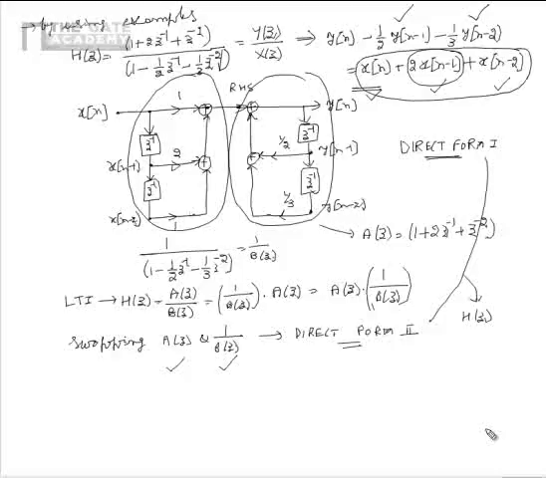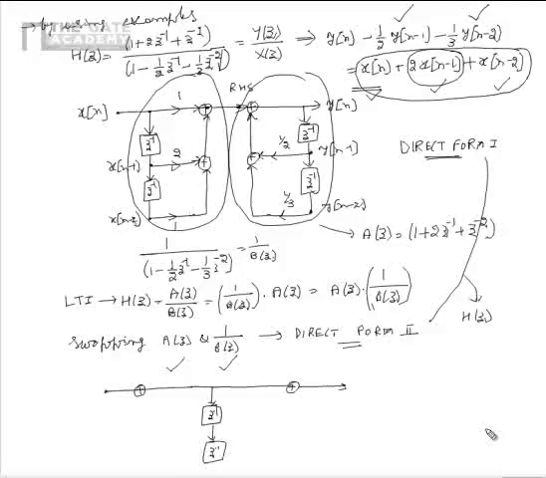Also please note that once direct form 2 is obtained, we can combine the delay elements as shown in the figure, mainly to get another form of direct form 2 implementation.